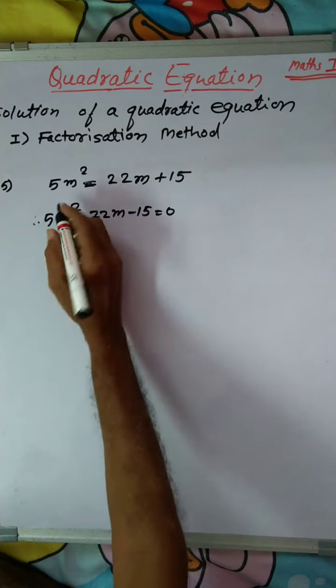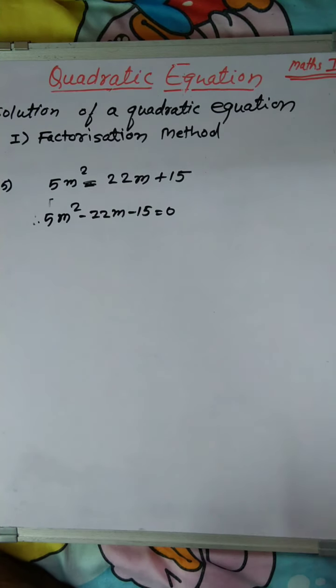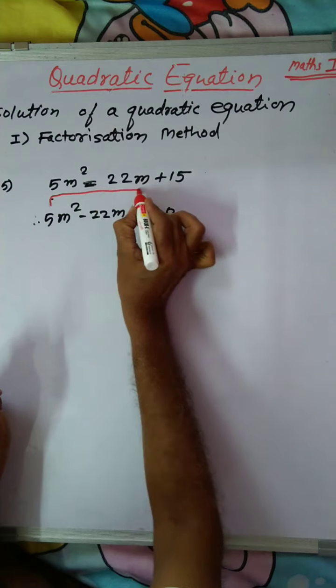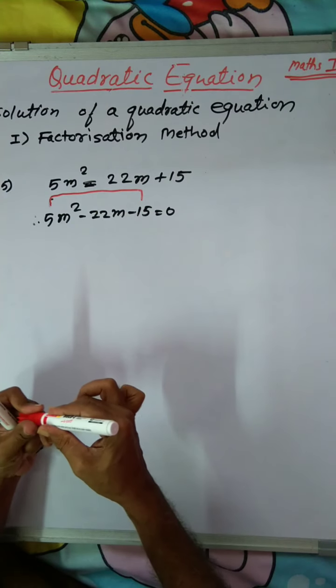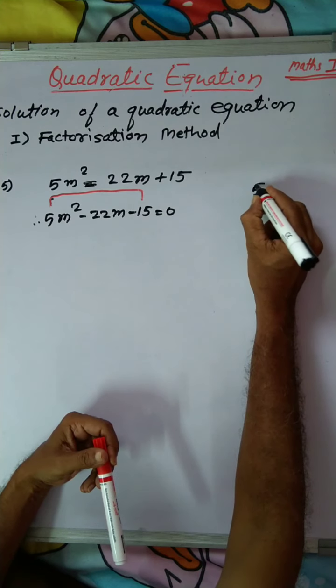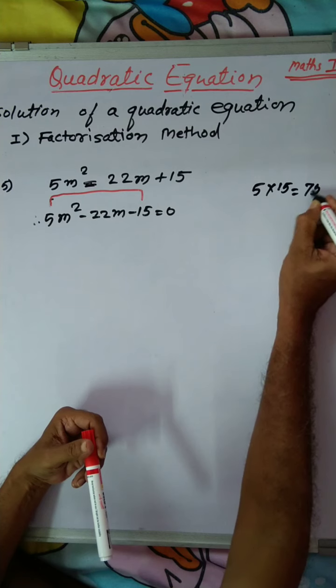First we multiply these two terms, 5 and 15. That means 5 into 15, which is equal to 75.